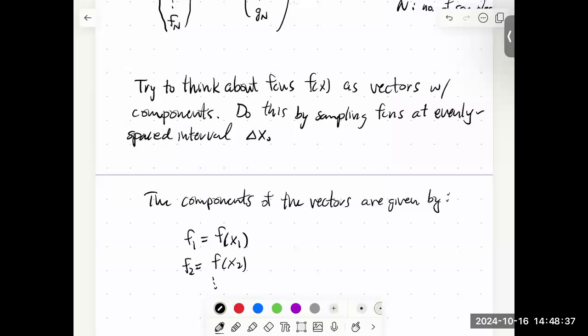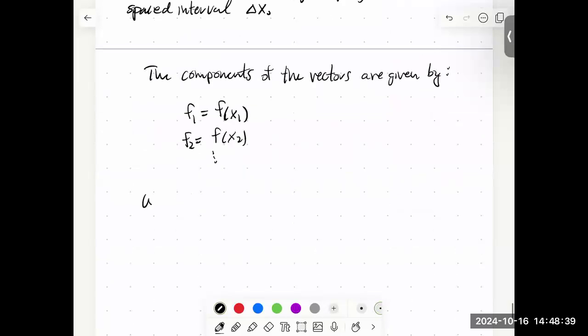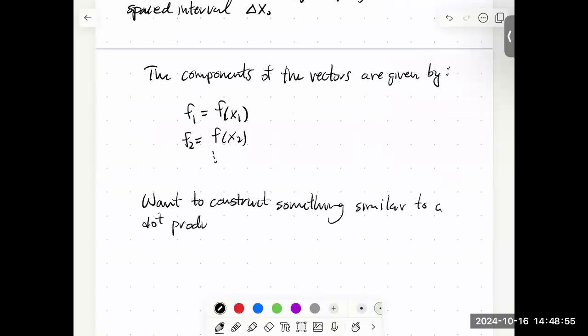The goal is to construct something similar to a dot product, but for functions.